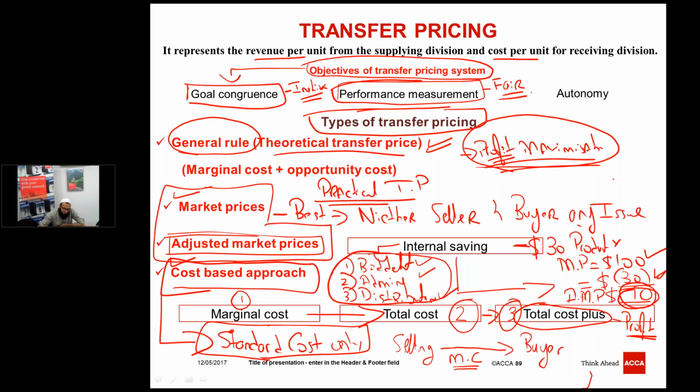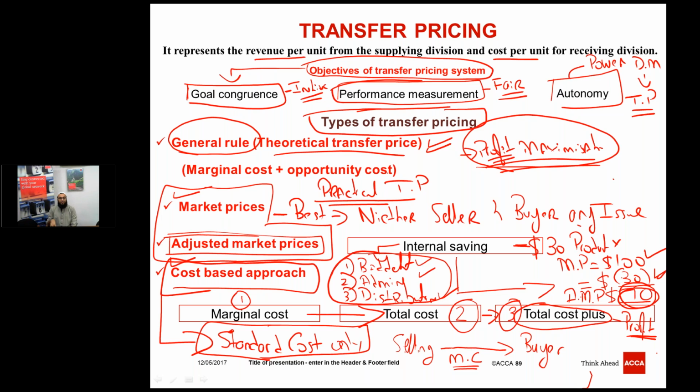The third and last purpose of transfer price is to give autonomy. Autonomy means to give decision-making power to set the transfer price to the divisions. Individual departmental managers have that luxury, that ability, that power to set their own transfer prices.